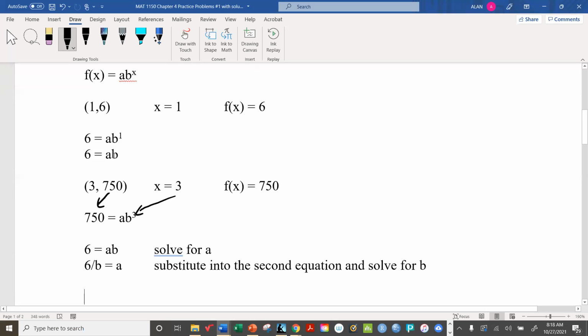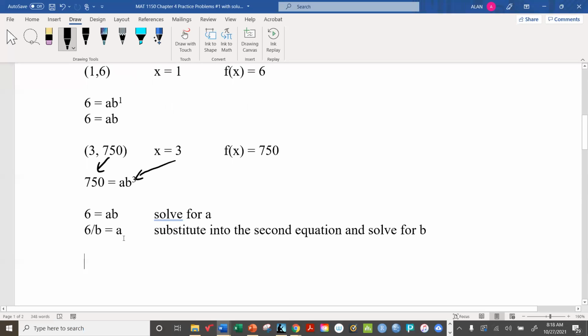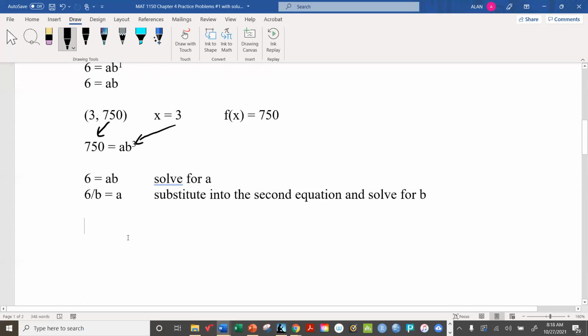I mean, 6 equals AB. And so we can figure out that A equals 6 over B. And then put that back in the correct value: 750 is AB cubed.